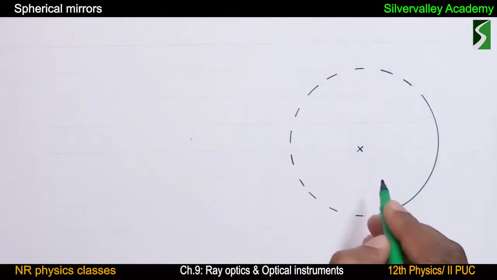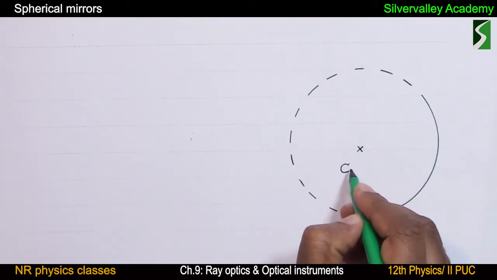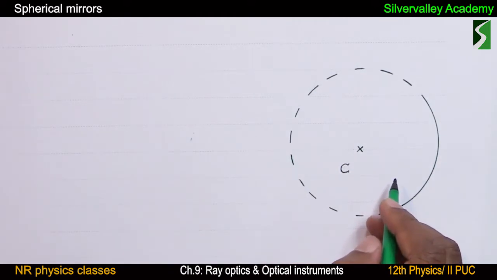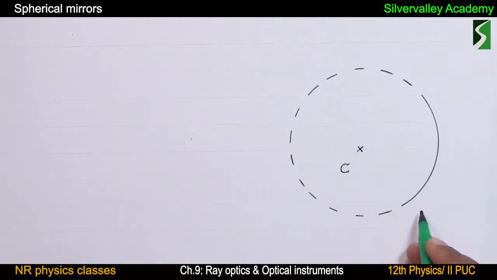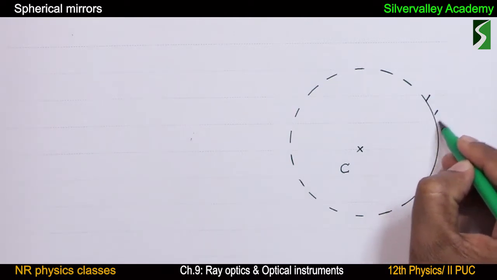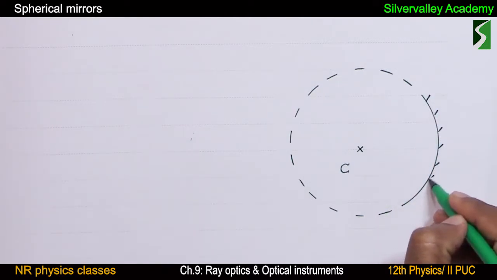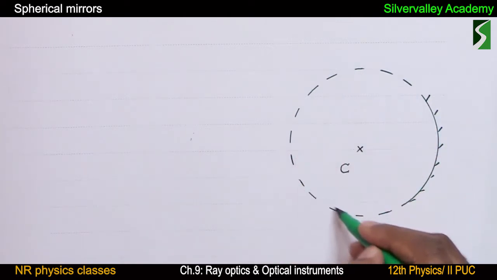Center of curvature is represented by capital C. It is the center of the spherical surface of which the mirror forms a part. Suppose this is a concave mirror, and this concave mirror is part of this imaginary sphere.